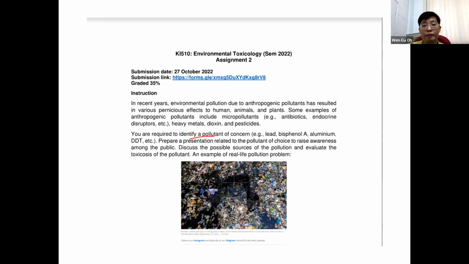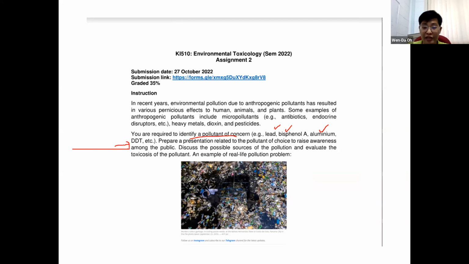I prefer it to be a pollutant of emerging concern, which means that it is something that we are struggling with nowadays. But if you cannot find one, okay, of course you can select one that has been well known. For example, lead, bisphenol A, aluminium ions, and then you have DDT, and all these kinds of pollutants, or dioxin, right? So you need to prepare a presentation which can be used to raise awareness.